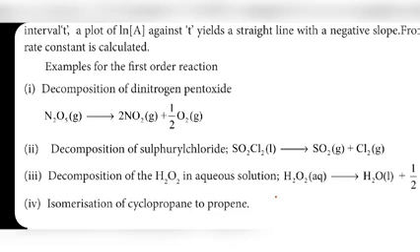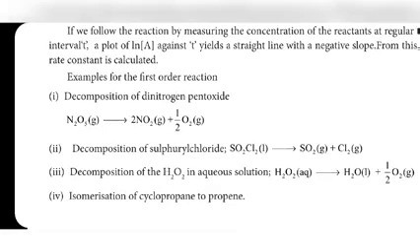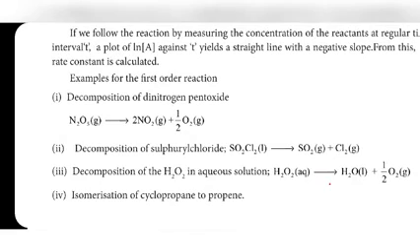Third one, decomposition of H2O2 in aqueous solution. H2O2 means hydrogen peroxide. Decomposition means splitting. So here also it is split into two compounds, one is H2O, another one half O2.